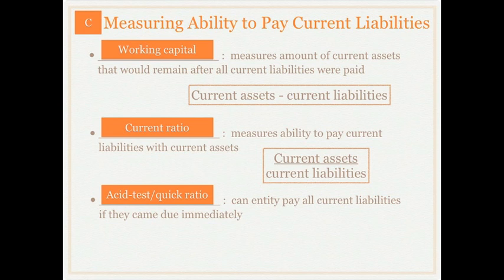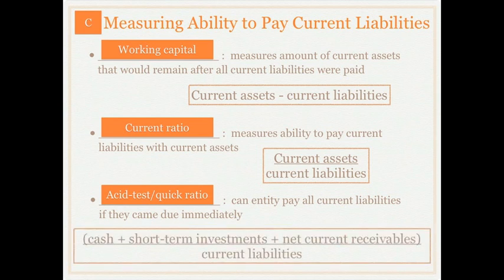So there's a few current assets that we leave out of this equation that we included in the current ratio equation. In calculating our numerator, we're simply going to use cash, our short-term investments, and our net current receivables, and divide that by our total current liabilities. That will give us our quick ratio.